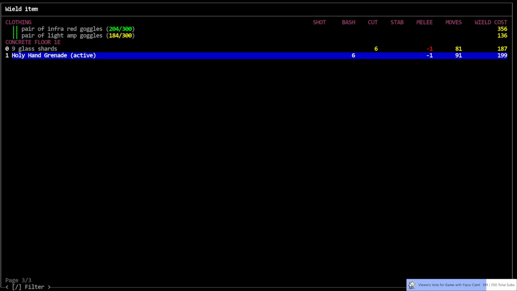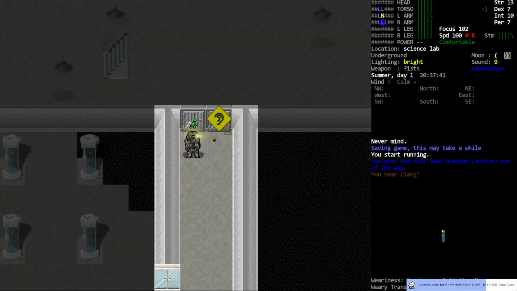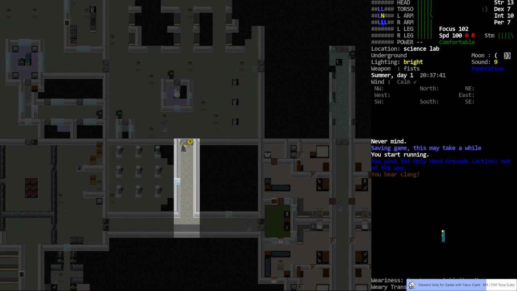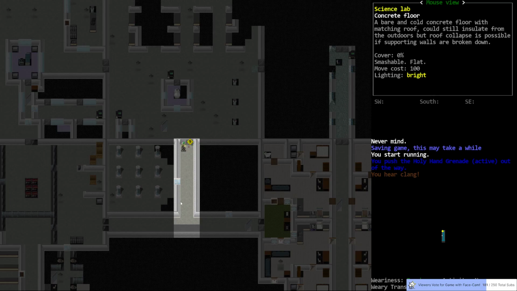There's too many possible downsides if I go through the door, I think. A, this guy might be able to see me and shoot me just immediately. B, there could be some over here that will see me and shoot me. So, it's either start sprinting.